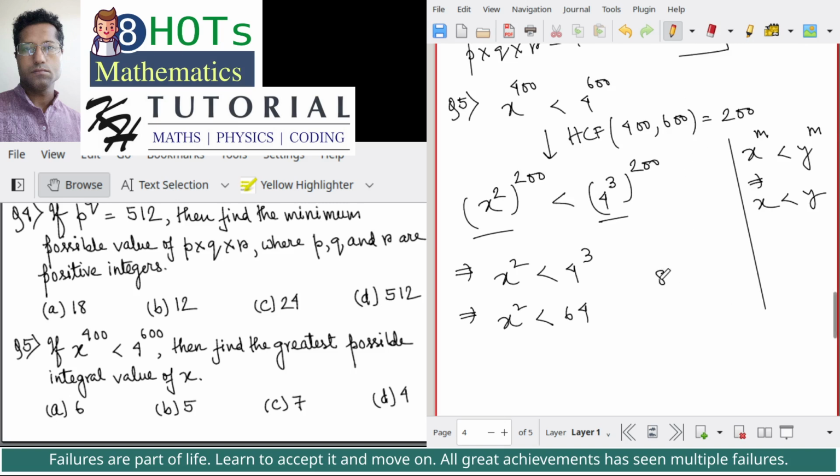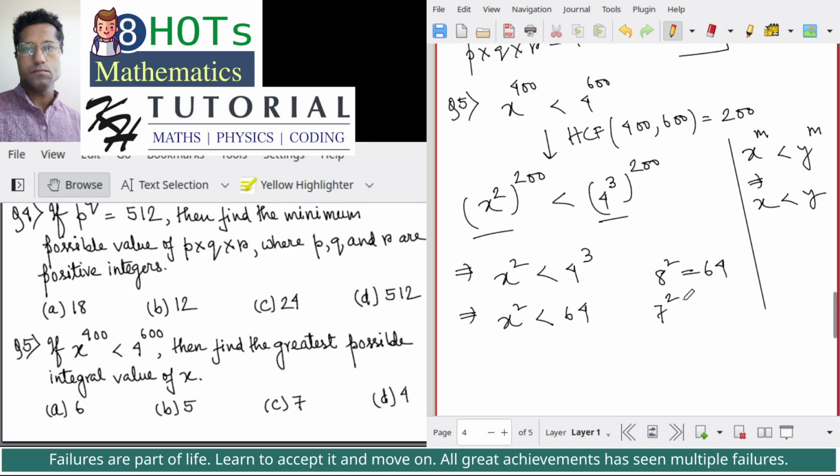We know that 8 square is equal to 64. So 8 cannot be the value of x, because if x is 8, then 8 square will be 64, and 64 is not less than 64. So we have to check the next smaller integer value, that is 7.